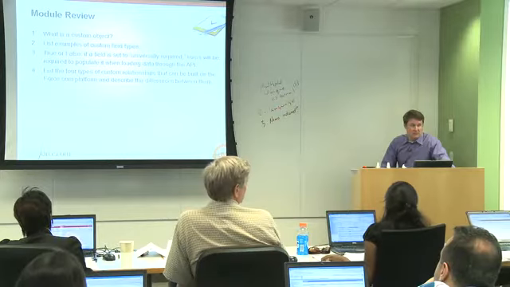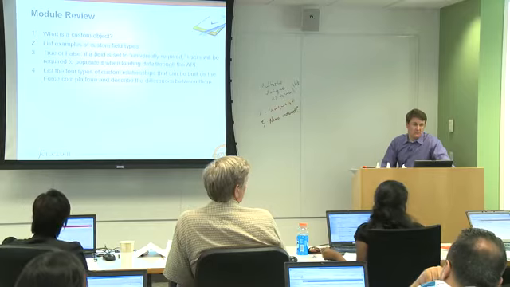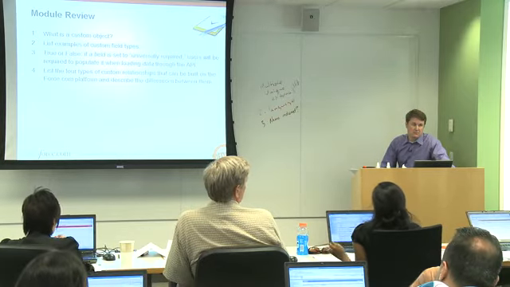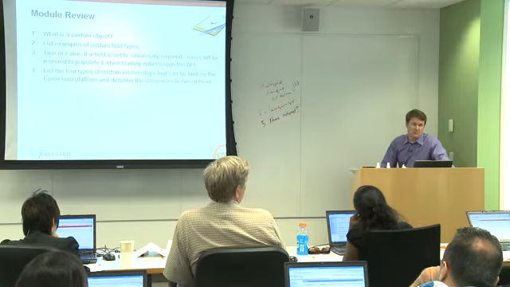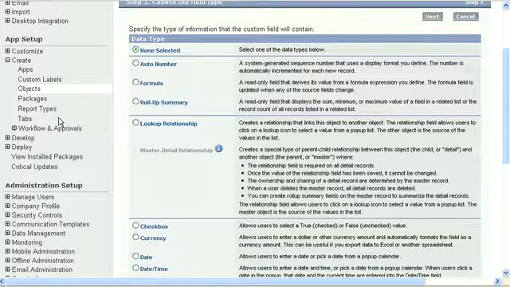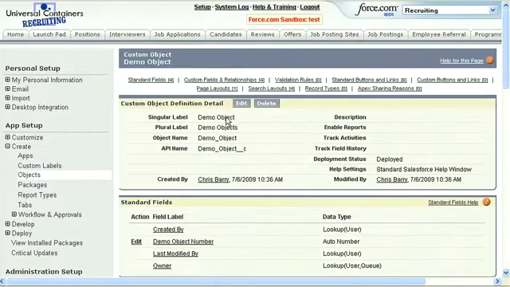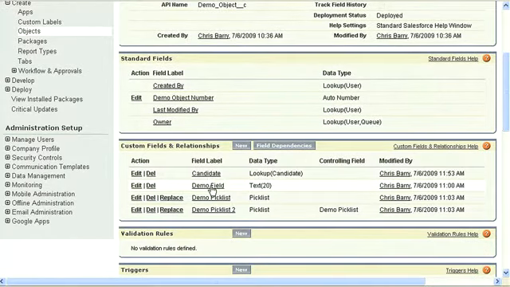If you had a default value in there and loaded it through the API, would it just put in your default value? Let's see here, here's our demo object and our demo field.